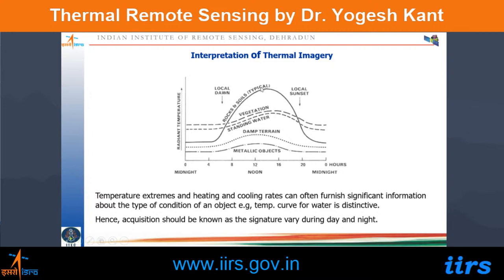So they raise their temperature very fast, and after sunset they also cool very fast. But water resists that change in temperature, and it also resists cooling. So at night the temperature is higher for the water, and in the daytime the rocks and bare soil are higher in temperature compared to water. Similarly, the damp terrain.